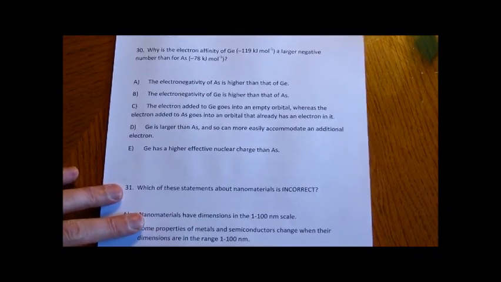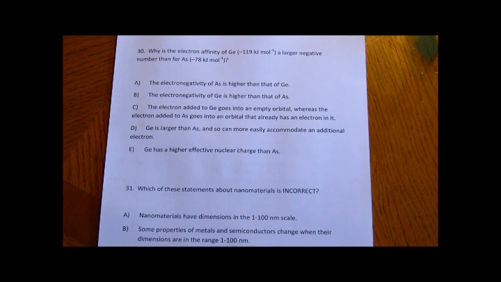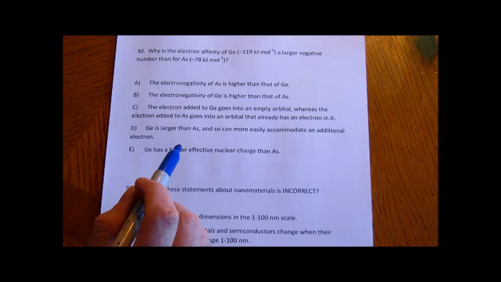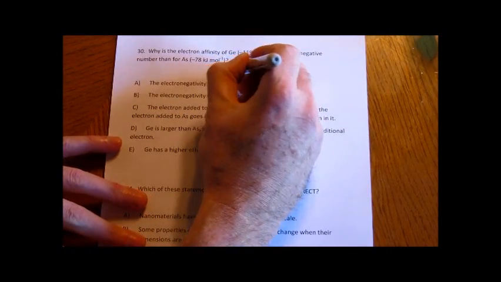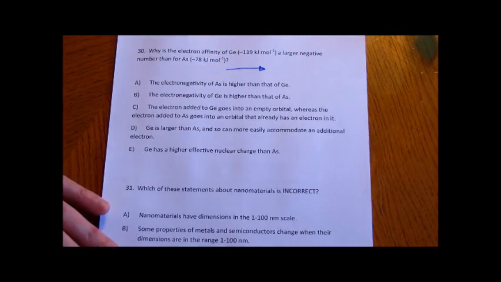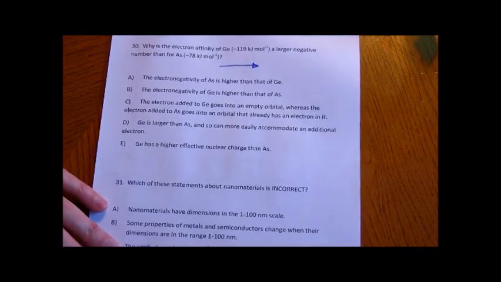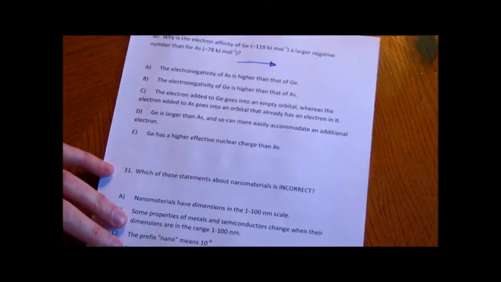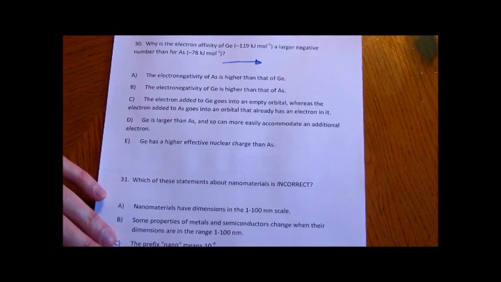So why is the electron affinity of germanium a larger negative number than for arsenic? Well, that is to do with what we're looking at here. Electron affinity changes going from left to right. This is a similar question to one we have already encountered.